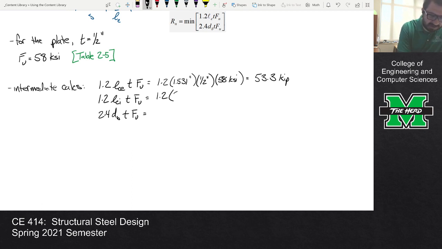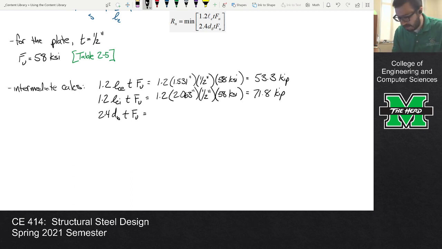The only thing is it's 2.063 here. Everything else is the same. All right, so 71.8. That's what I got.